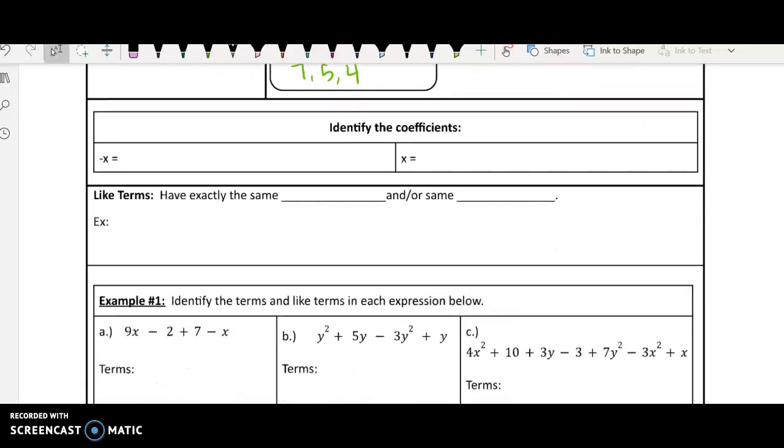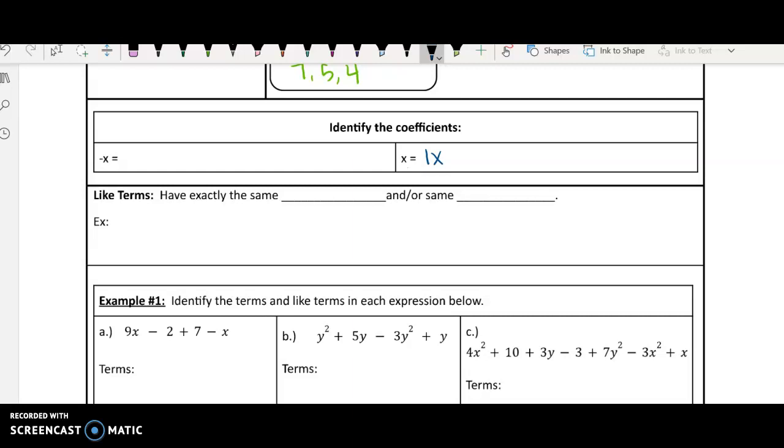So now we need to identify the coefficients of something that just has a letter. So whenever you have just an x, let's skip to this one. So just an x, this is saying that technically there is a 1 in front of that x. But we know that 1 times anything is just that thing.